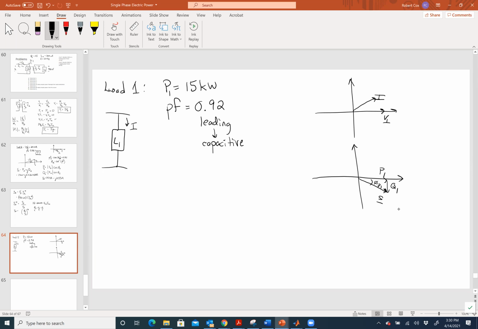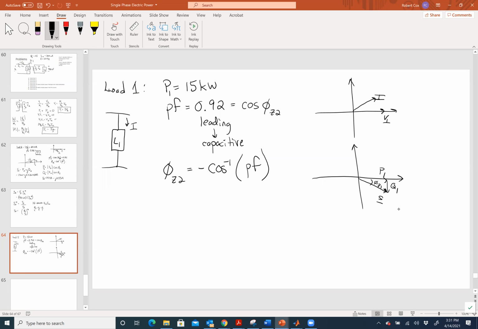Yes. So we know that the power factor in this case is always cosine phi Z2. But in this case, I would say that phi Z2 is equal to negative inverse cosine of the power factor.